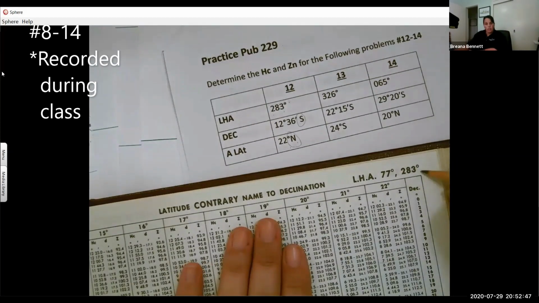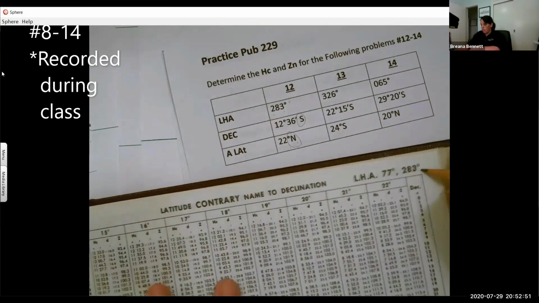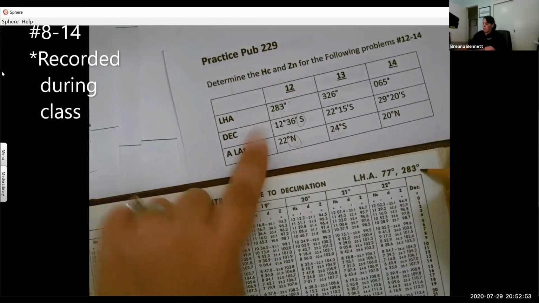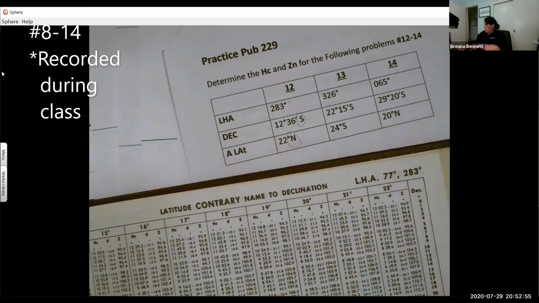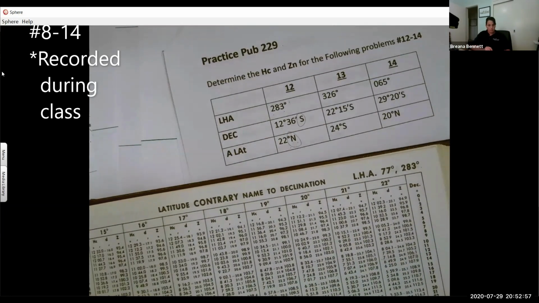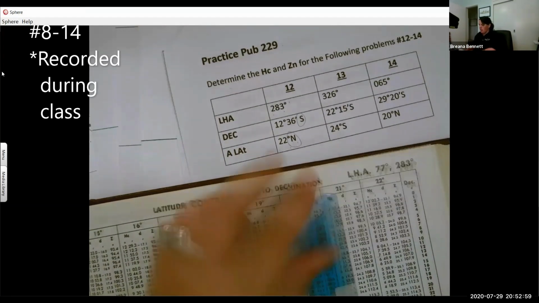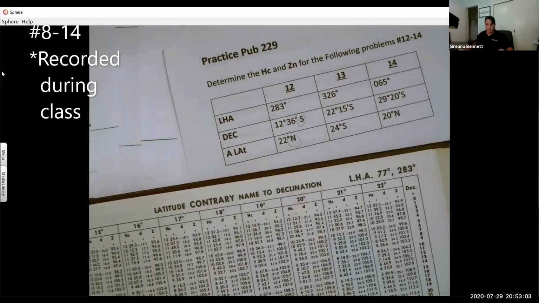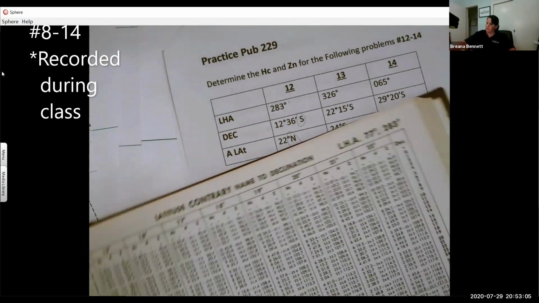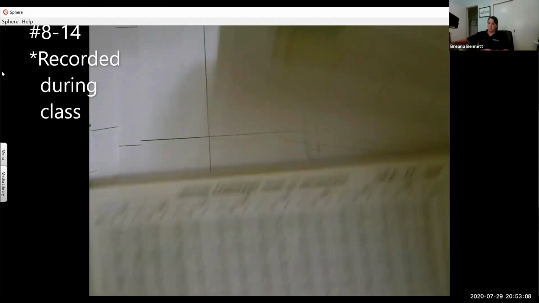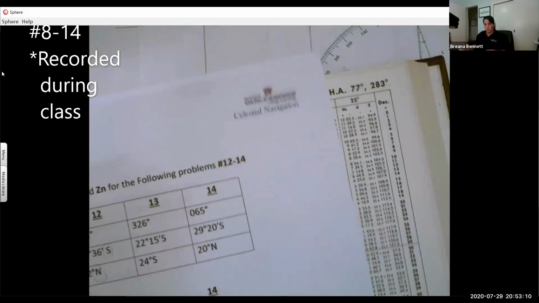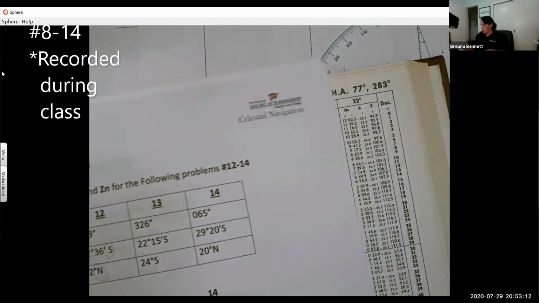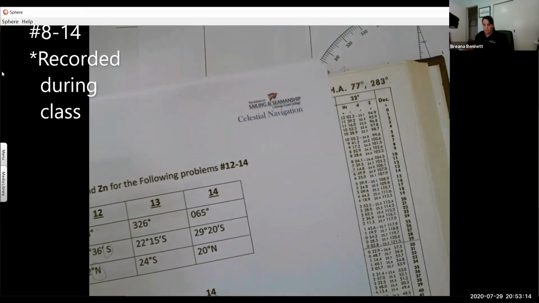So we have 283 whole degrees, so I know I'm somewhere on this page. And then I have 22, so I know I'm somewhere in this column.